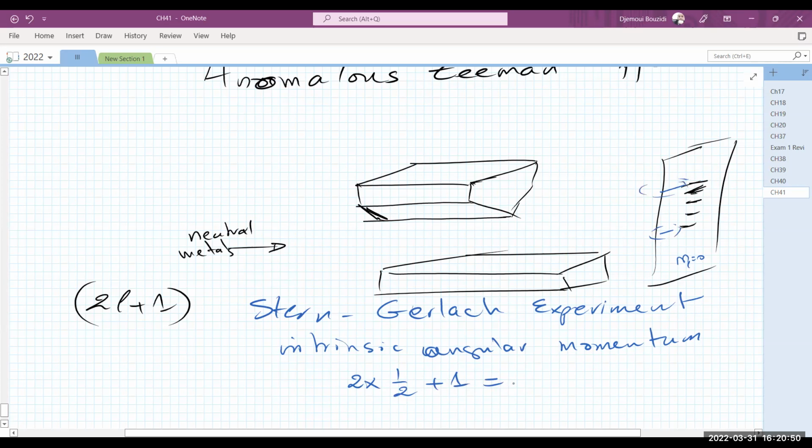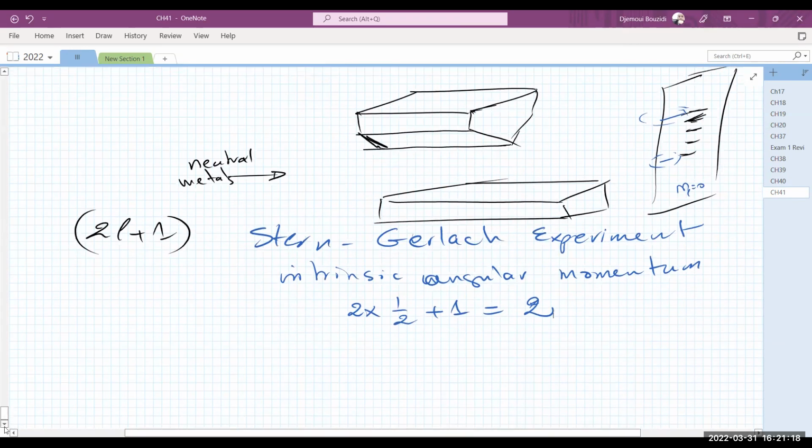So 2 times 1/2 is 1, plus 1 is 2. So now it seems like that's how this splitting is happening if I require that this angular momentum is exactly 1/2. Okay. So if the angular momentum is exactly 1/2, it seems like it's working. And this is intrinsic because everything is canceling. So at the end of the day, where is this thing coming from? It's an intrinsic property.